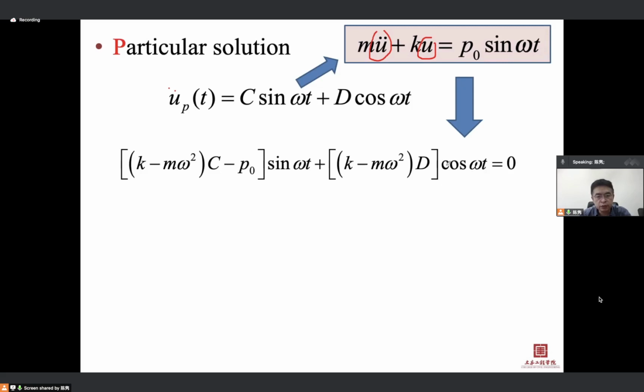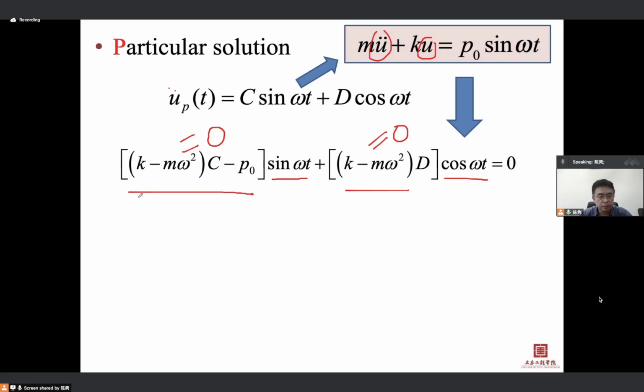Because this equation stands at any time instant, and sine and cosine are not always 0, to make this equation satisfied for any time instant you need this part to be 0 and this part to be 0. That is the condition for the equation to stand for any time instant.